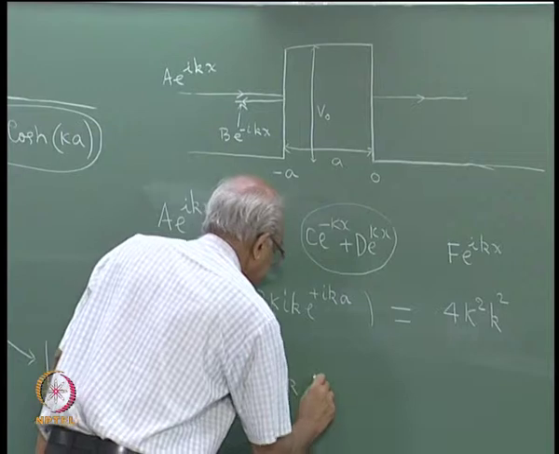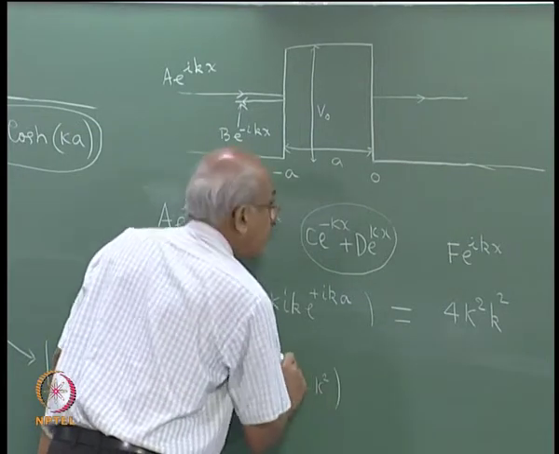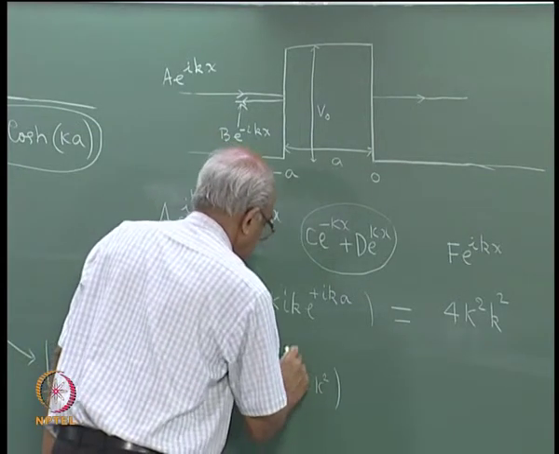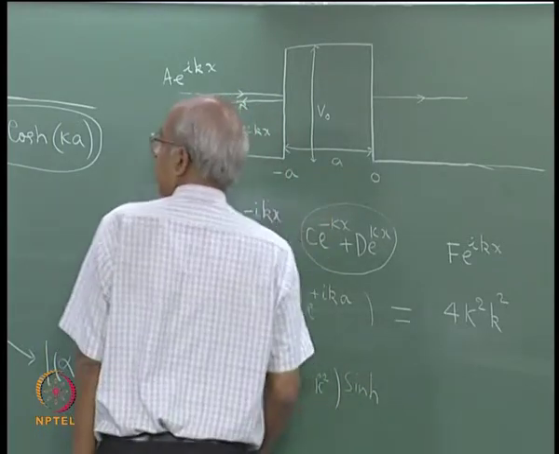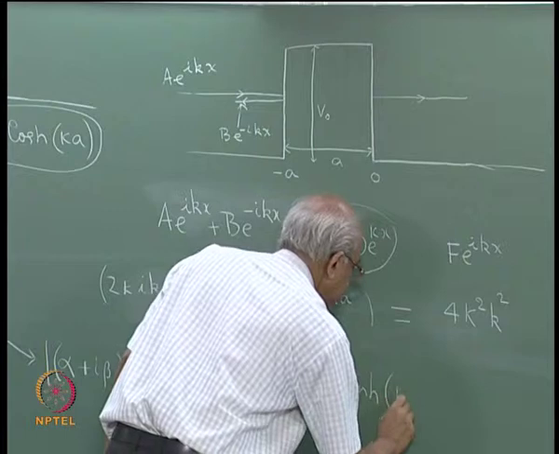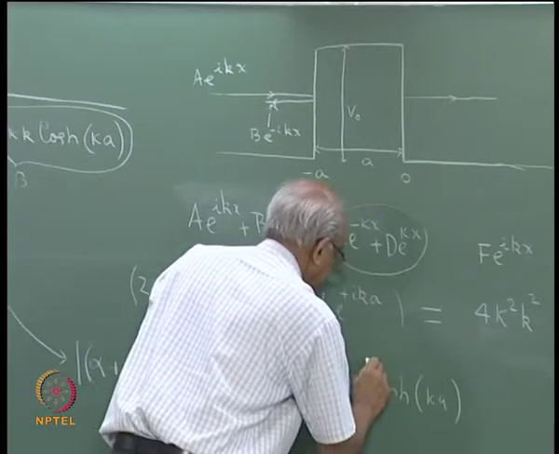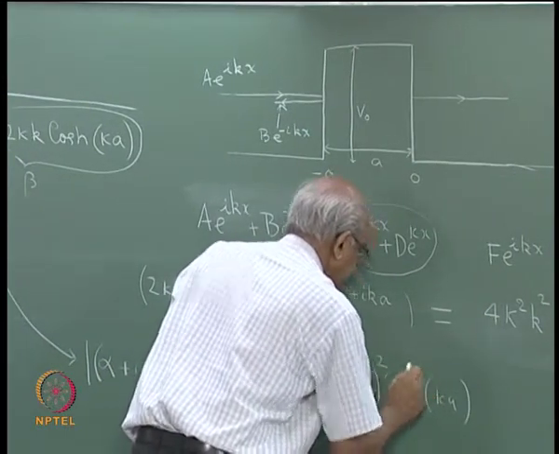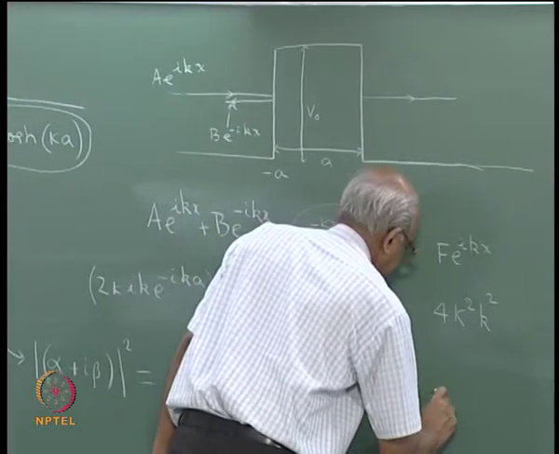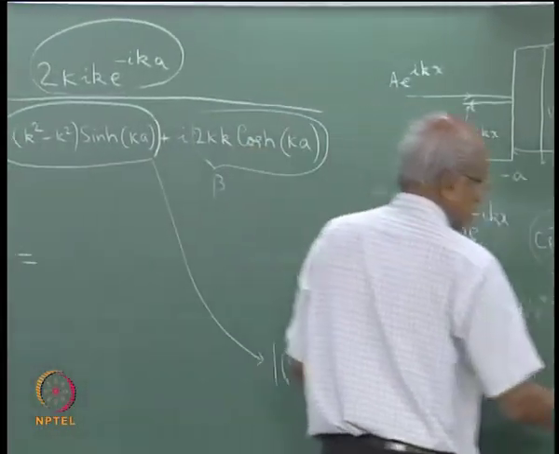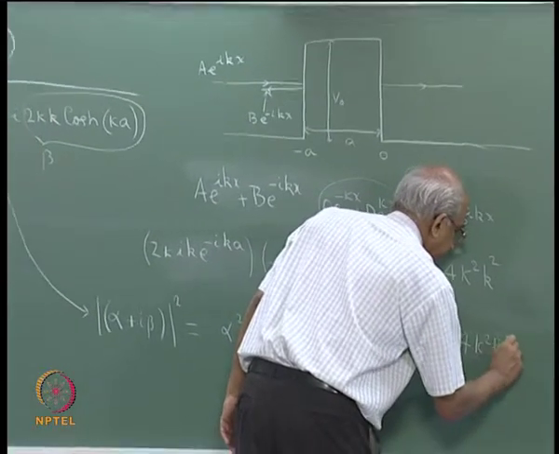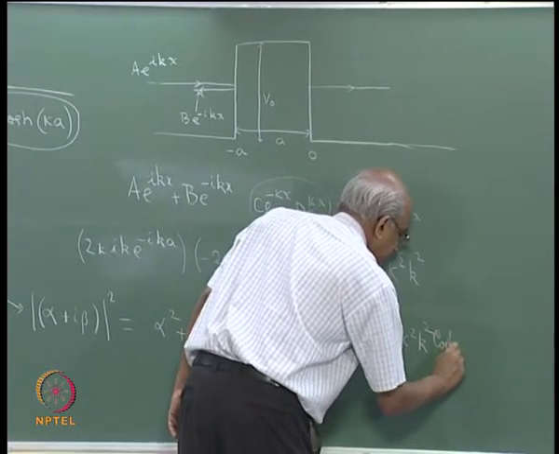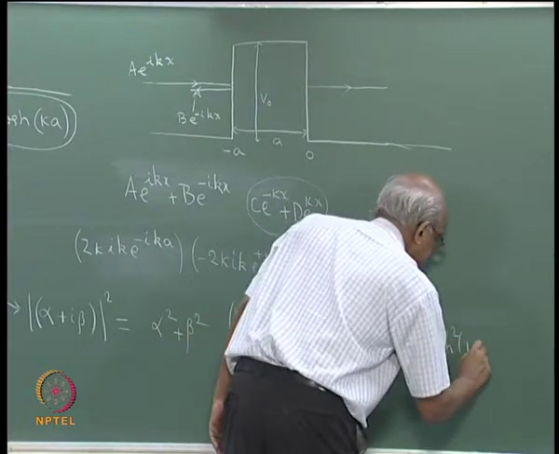It is going to be k square minus kappa square times sinh kappa a, you take the square of this and the square of that, add to it the square of that term, which will be 4 kappa square k square cosh square kappa a.